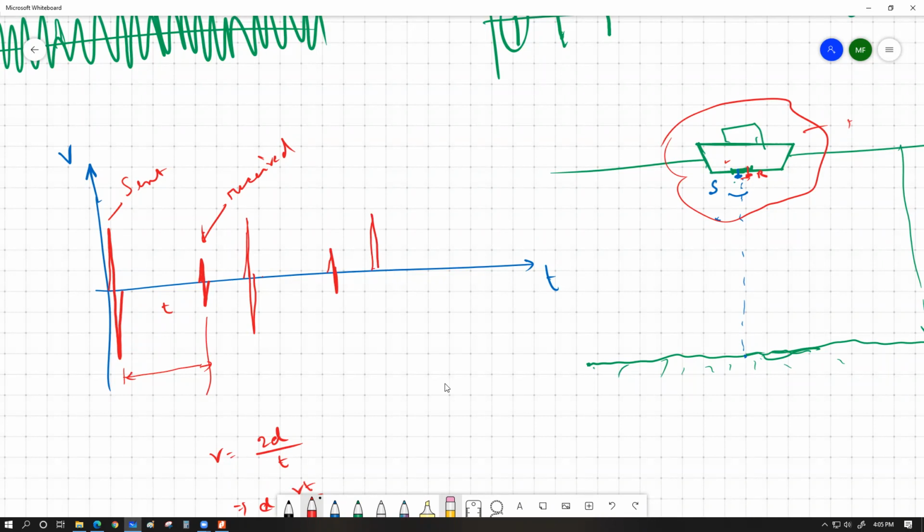So we're sending one pulse and receiving the reflection. This is send pulse 1, this is receive pulse 1, this is send pulse 2, this is receive pulse 2. So this is the actual amount of time it took for the sound pulse to get to the bottom of the ocean, get reflected off the seabed, and reach back to the receiving unit of the sonar mechanism. That gives us a perfect measurement of time.